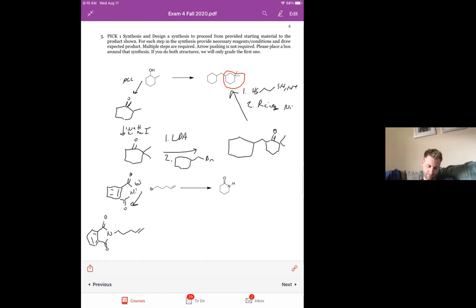So let's do our next step. So we want to make a 6-membered ring, which would be 1, 2, 3, 4, 5, 6. We'll replace this Br with a nitrogen.